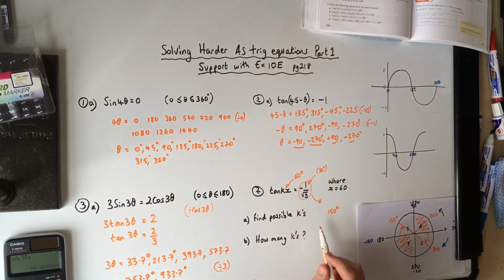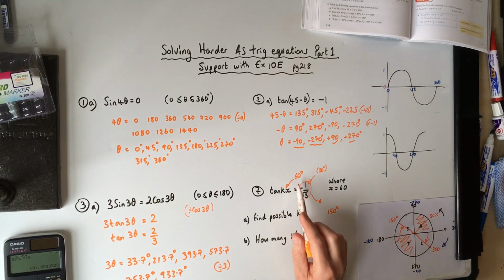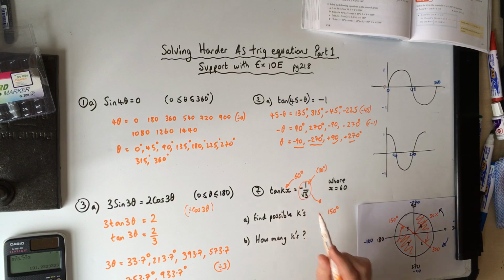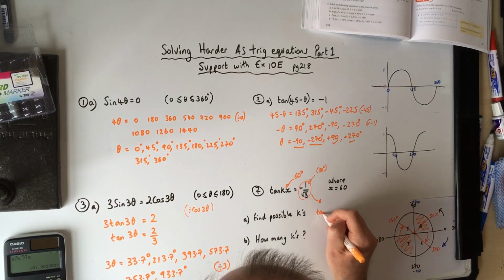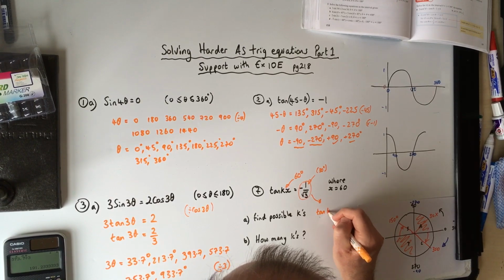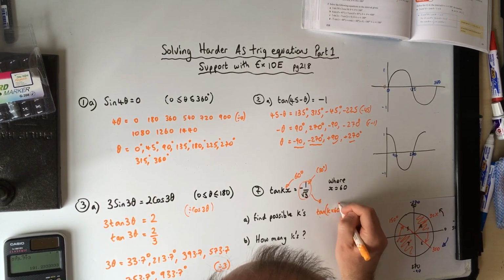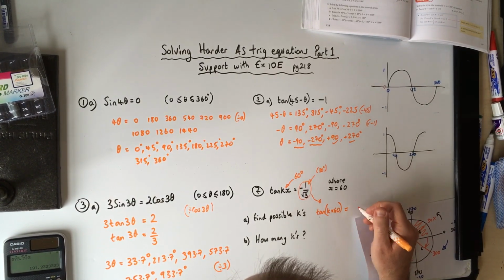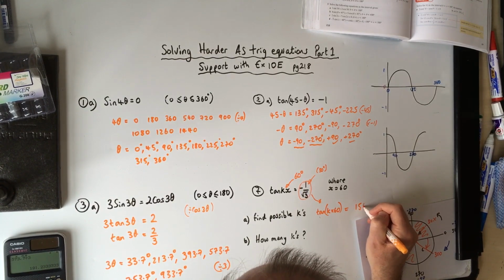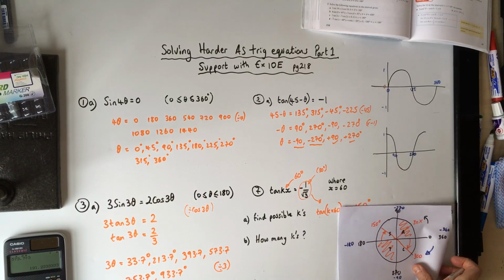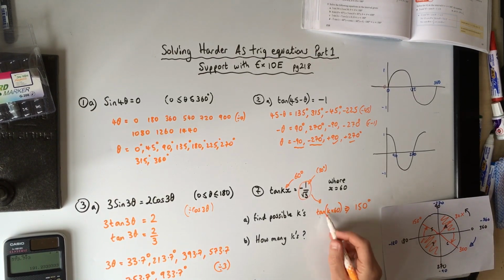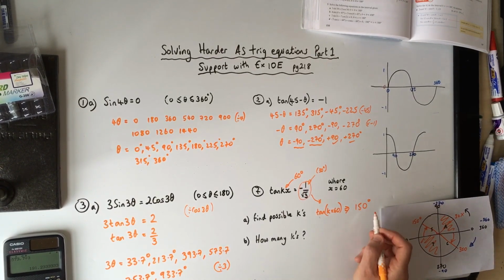But we know that the tan of kx, where x is 60, well, the tan of k times 60 has got to give us 150 degrees. Okay, it's got to give us the tan of 150 degrees.